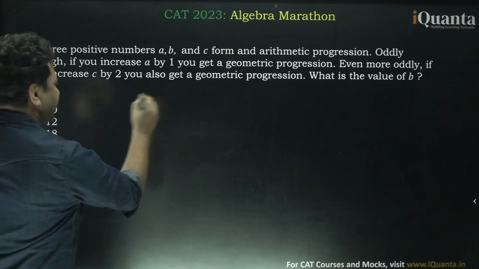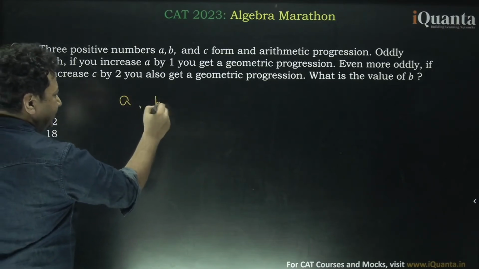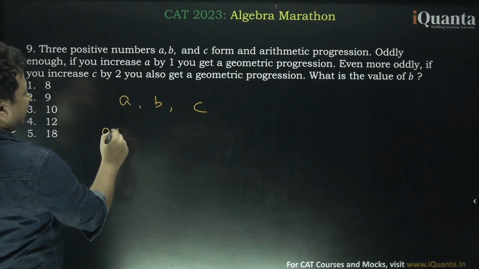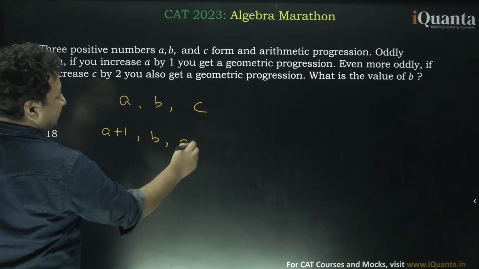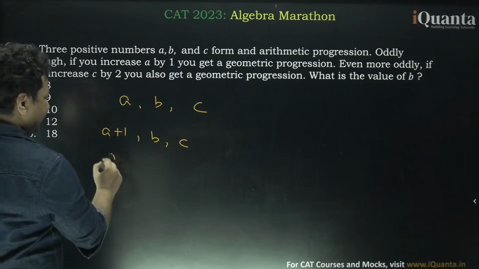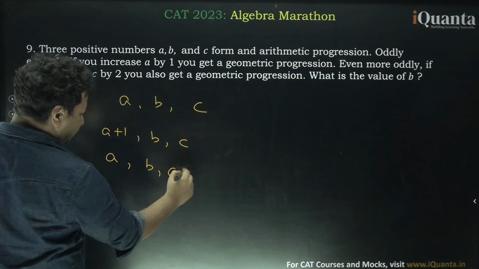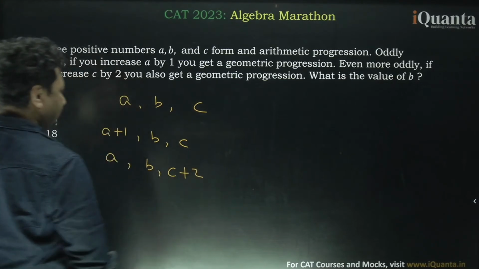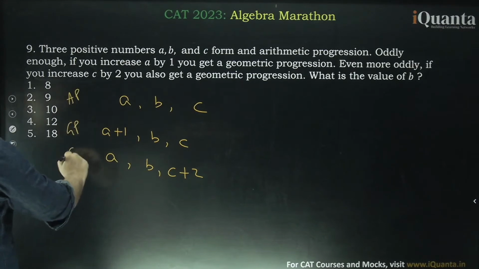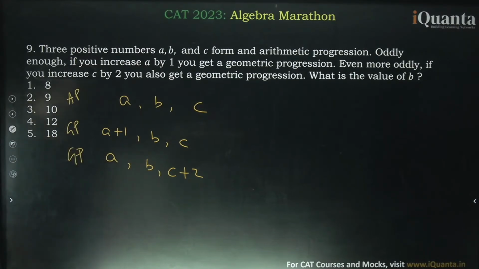Okay, so we have an AP. A, B, C forms an AP. Oddly enough, A plus 1, B and C form a GP. And what happened? A, B and C plus 2 is also a GP. AP, GP and again a GP.